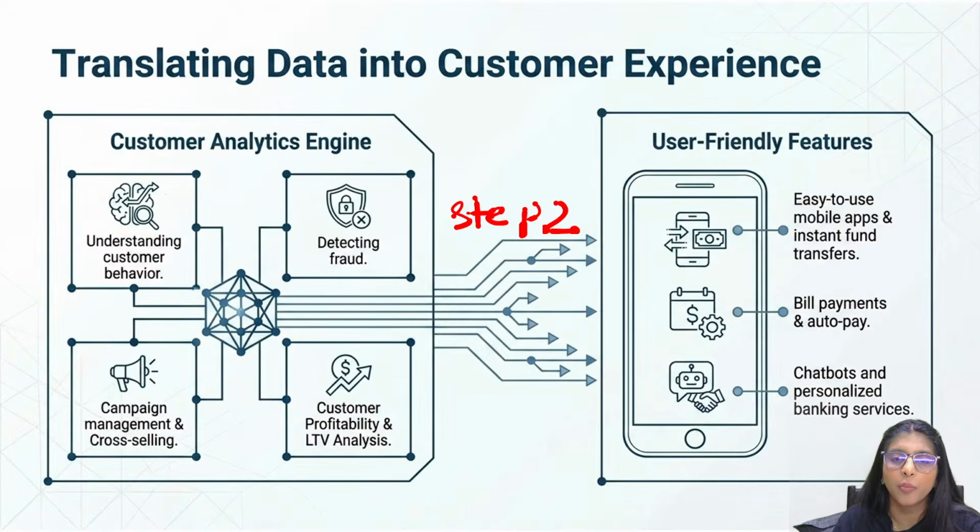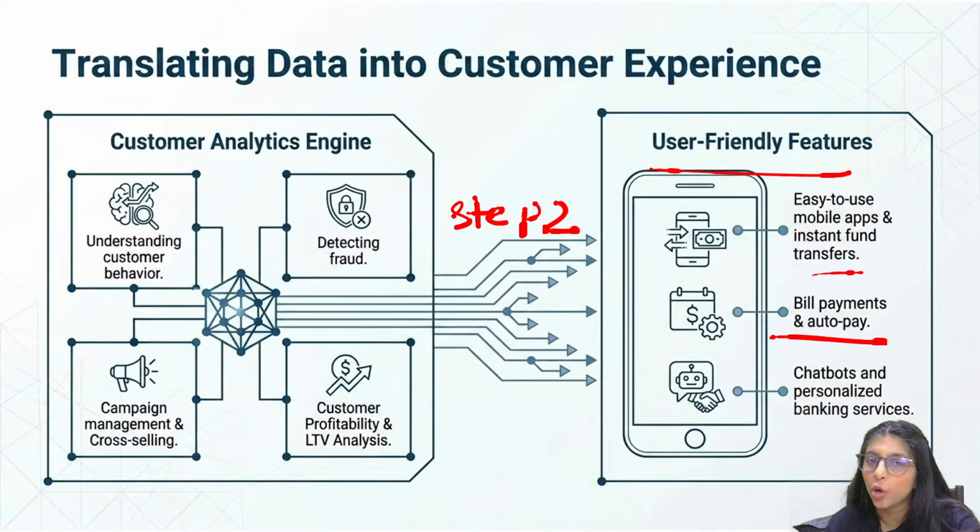The insights from the analytics engine are sent to digital platforms like mobile apps, which provide user friendly features: easy to use mobile apps, instant fund transfer, bill payment and autopay, chatbot and personalized banking services. This is basically the user friendly features that customers see.